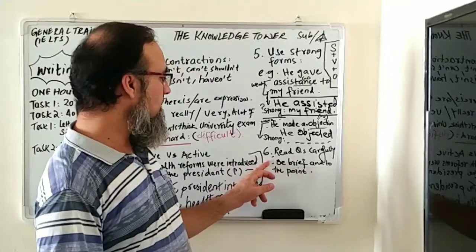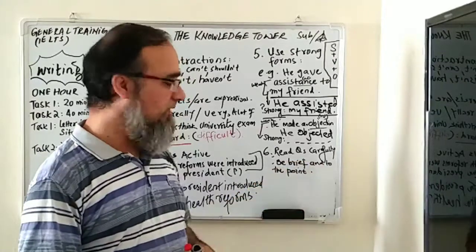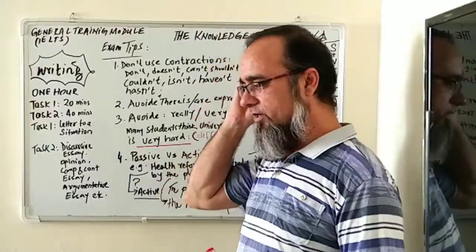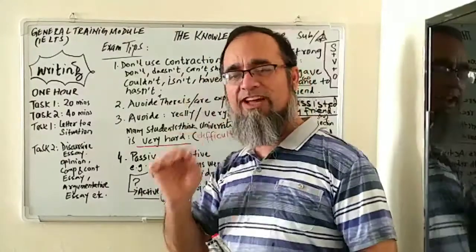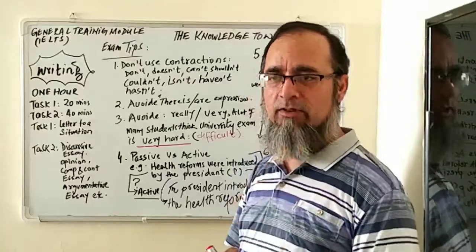And then the sixth important point is read questions carefully, be brief and to the point. Now, when you are reading the question, sometimes the candidates do not understand the instructions. So this is one of the lapses on the part of the candidate.